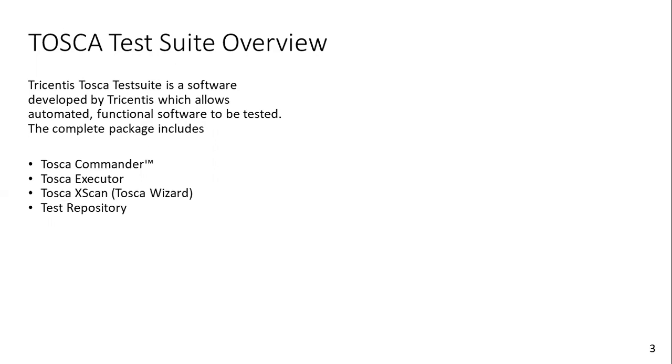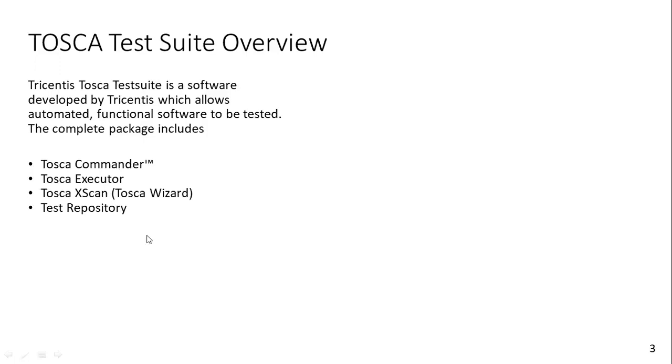Tosca XScan is the application by which we capture the test objects of various types of application. This is where you will have a difference when you are capturing web objects. Web means web test objects, SAP application, desktop based application, power builder application. So that depends upon Tosca's XScan only. And then you have something called test repository.